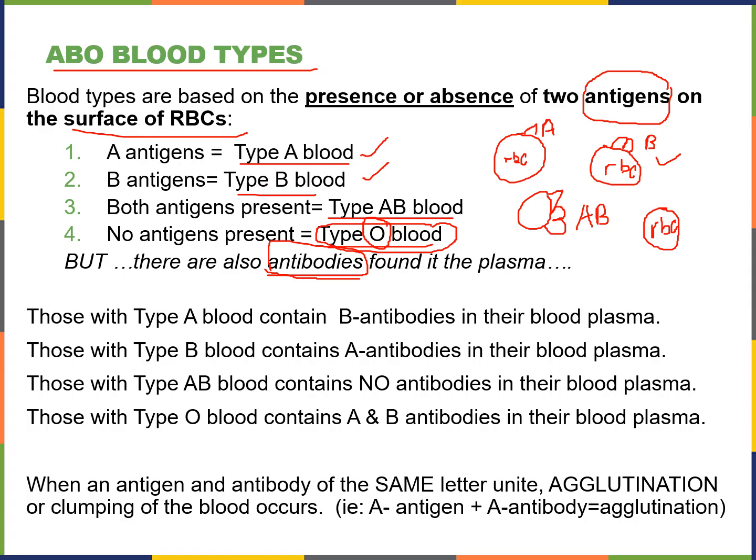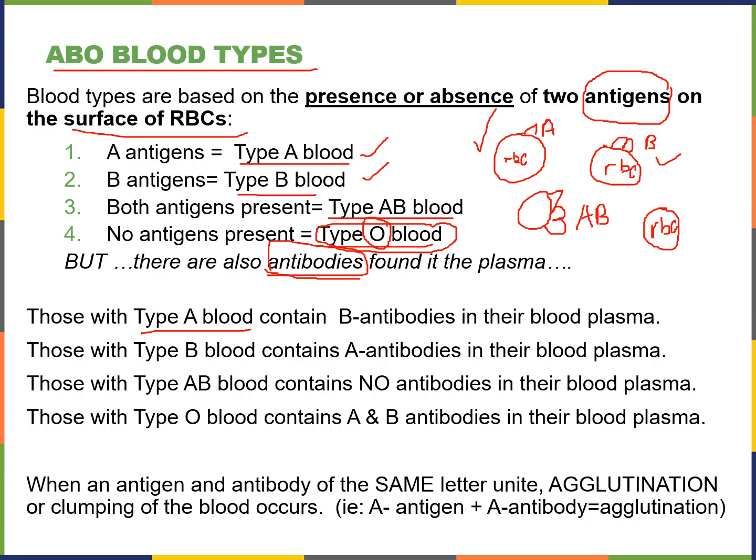Now, here is where students tend to make their mistakes. If we are born with type A blood, which means that we have the A antigen, we do not want the A antibody.